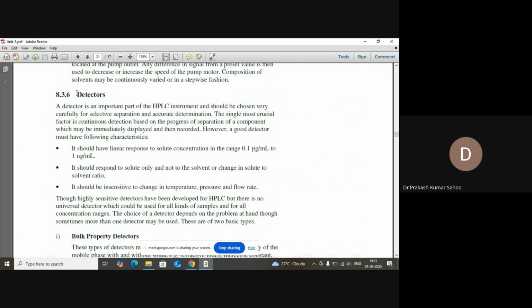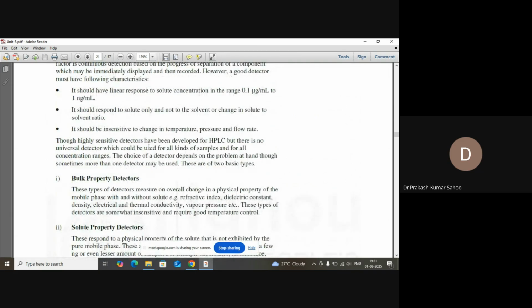So after that is the detector. In the HPLC instrument, it should be chosen very carefully, as we have different types of detectors like a thermal or differential detector, thermoconductivity detector, ECD, flame ionization detector, FID. Then we have the different detectors, and it should have linear response to solute concentration. It should respond to solute only and not to solvent. This is very important. It should be insensitive to change in temperature, pressure, and flow rate.